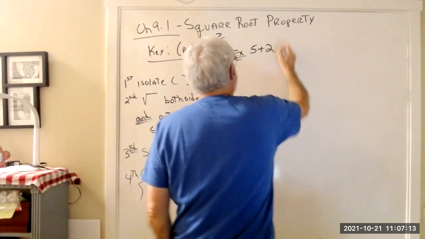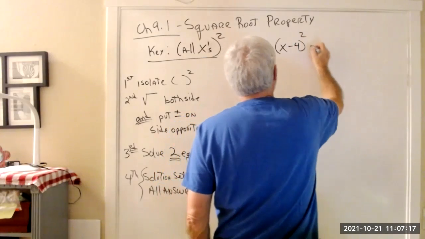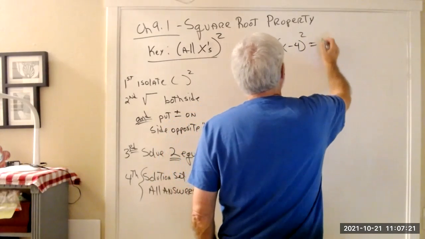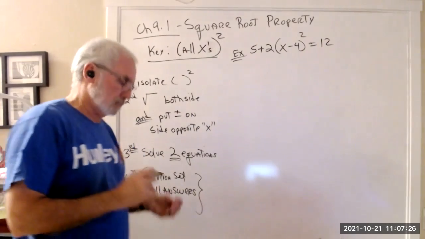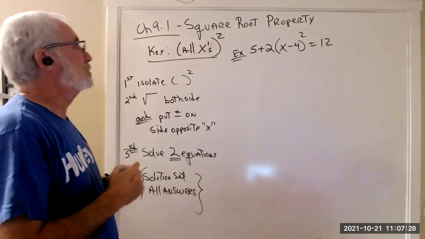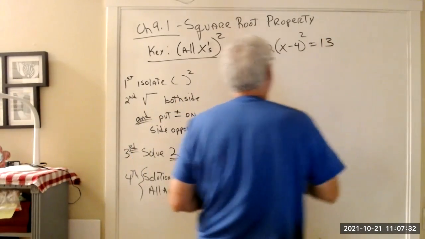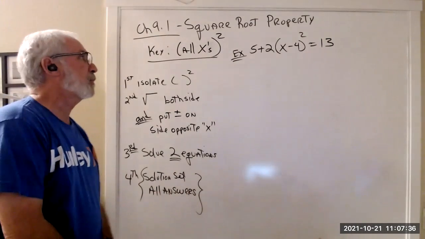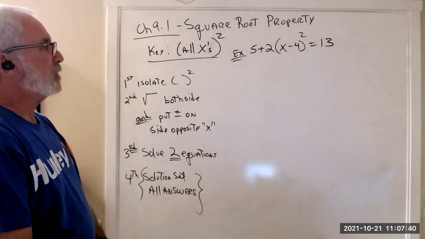5 plus 2 times the quantity x minus 4 squared equals, let's say 12. No, let's say 13. Make it 13. Sorry. I want this one to be nice and pretty for us. Okay. So here we go.